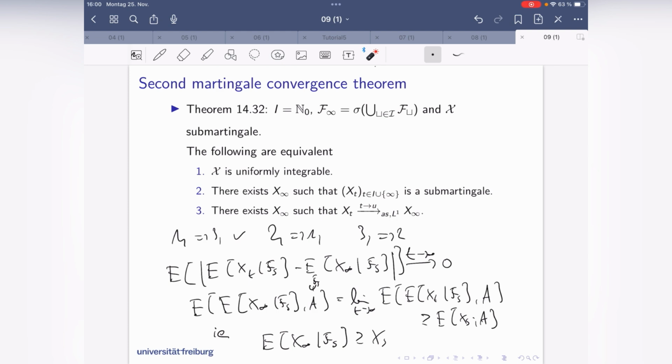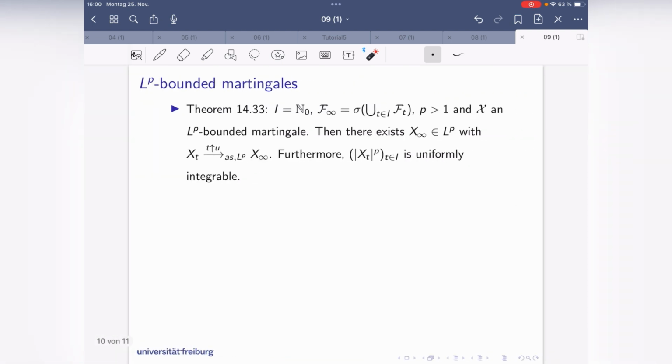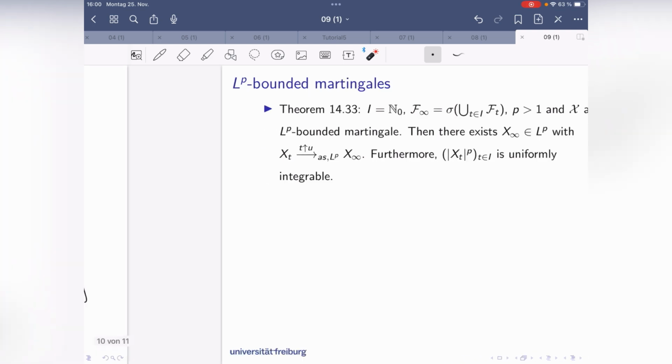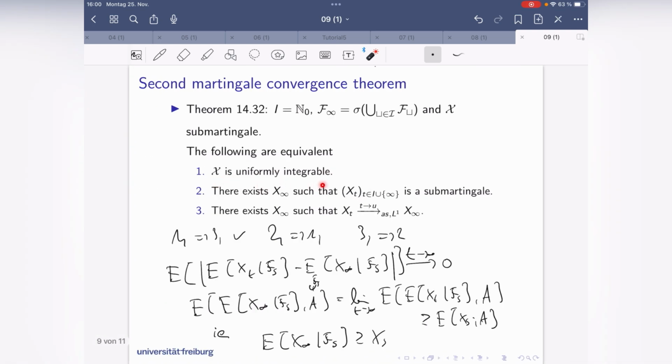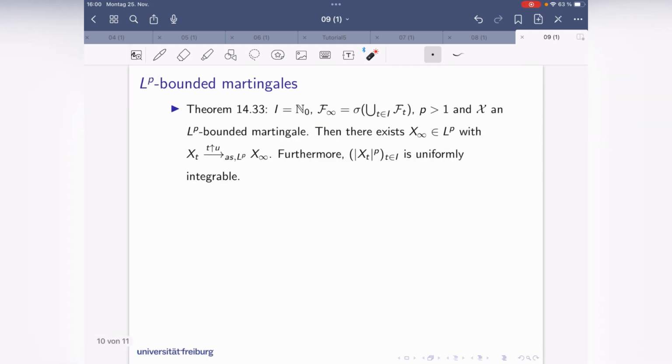So two things remain. First, another result here on LP bounded martingales. So the question is, how can it be that x is uniformly integrable? And one case is where x is LP bounded. And if x is LP bounded for some p bigger than 1, there exists some x infinity in LP such that I even have LP convergence here.